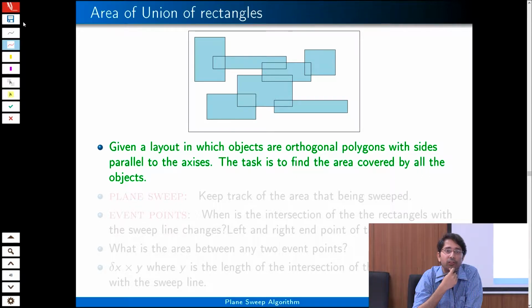A naive algorithm. How to solve this problem? Forget about sweep line, forget about computational geometry. If I ask you that we have this problem and we want to solve this. Suppose we have only two rectangles, how to solve it?